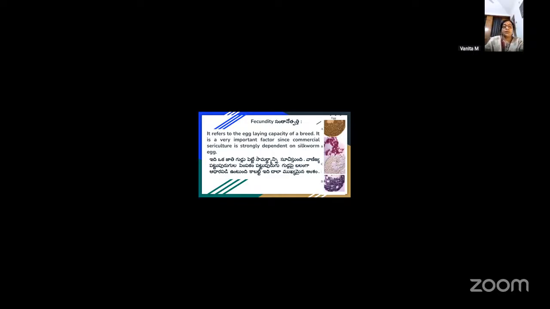It is a very important factor since commercial sericulture is strongly dependent on silkworm eggs. So, we mean to say what kind of egg laying capacity that particular silkworm breed has. That is called fecundity.